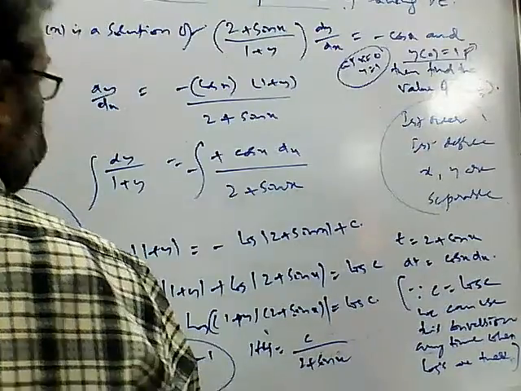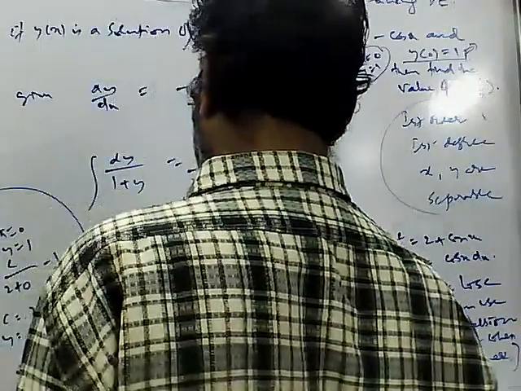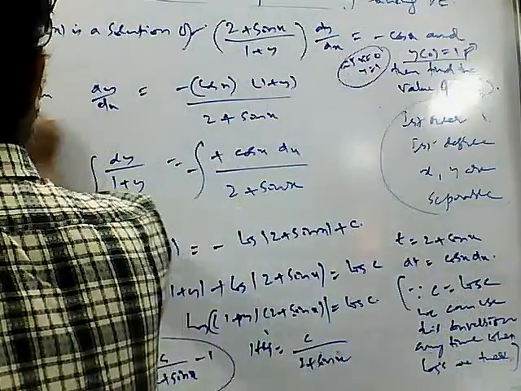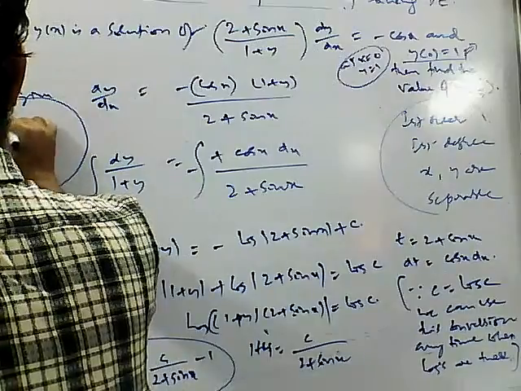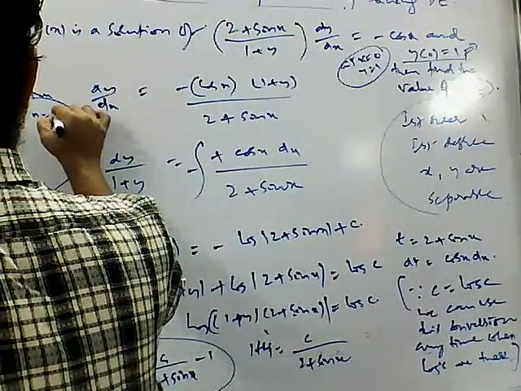Also y of pi by 2 is asked. So y of pi by 2 means x is equal to pi by 2.